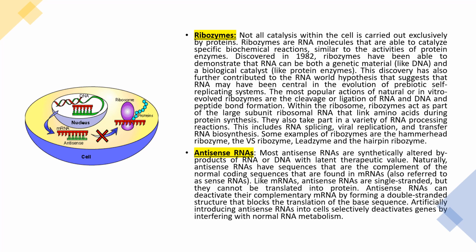Like mRNAs, antisense RNAs are single-stranded, but they cannot be translated into protein. Antisense RNAs can deactivate their complementary mRNA by forming a double-stranded structure that blocks the translation of the base sequence. Artificially introducing antisense RNAs into cells selectively deactivates genes by interfering with normal RNA metabolism.